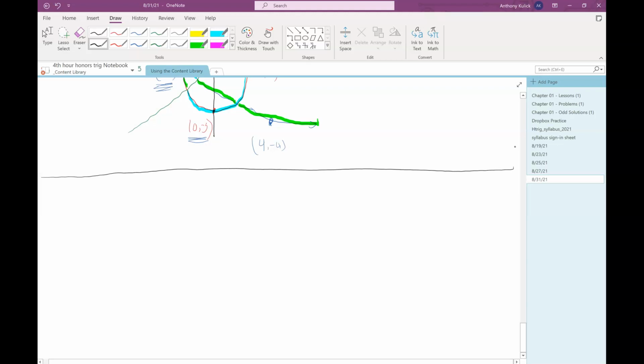In order to do that, though, I need to define a couple of things. So there's a couple more properties of functions that we need to define. So the first one is the term onto.